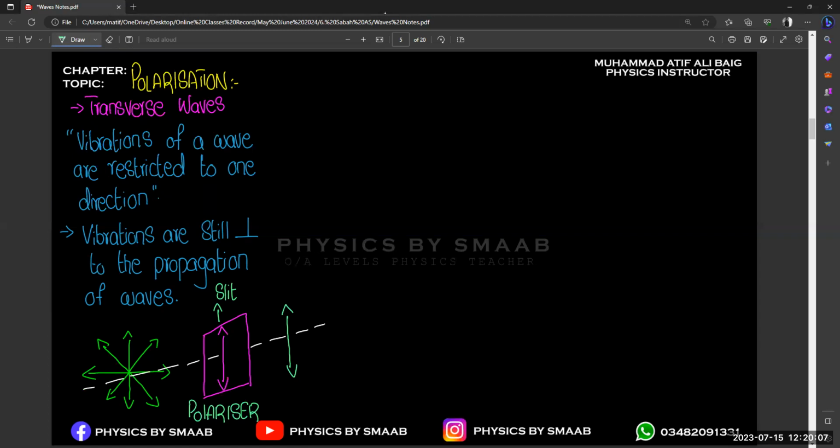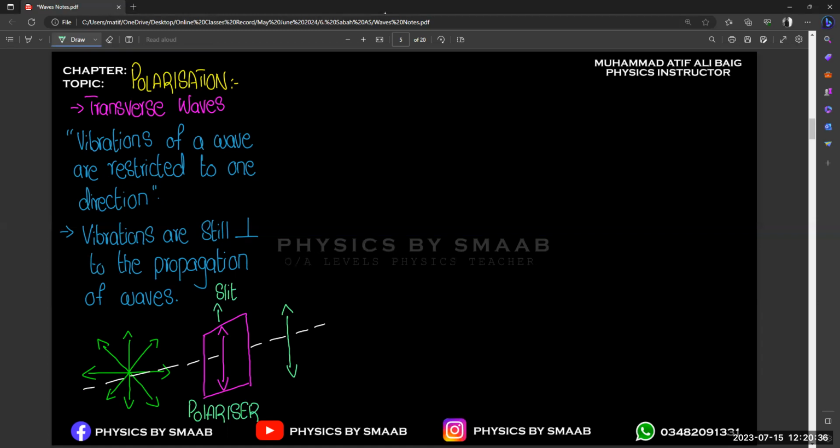Basically, there is only a gate for vertical vibration and no gate for other types of vibration. So it polarizes the light, and it also reduces the intensity, because there is a law related to it, which we will also discuss.